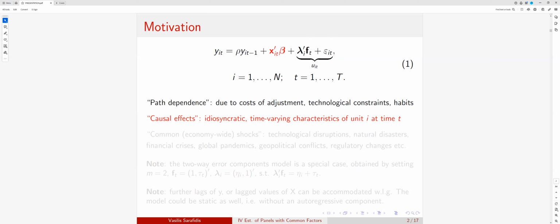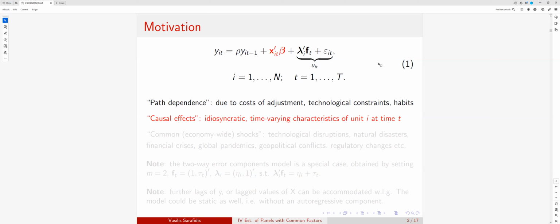So epsilon reflects the usual idiosyncratic disturbance, while the other term here is the so-called common factor component. So f denotes a vector of m factors, whereas lambda is a vector of corresponding factor loadings.